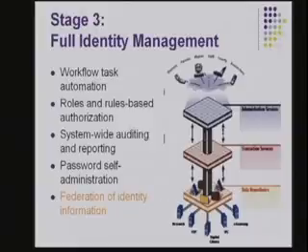Here the workflow task automation is given very clearly. The rules and rule-based authorization is defined. There's system-wide auditing and reporting. This is actually very interesting, where the history of users' activity at different service providers can affect the authorization decisions at a service provider the user has not visited yet.